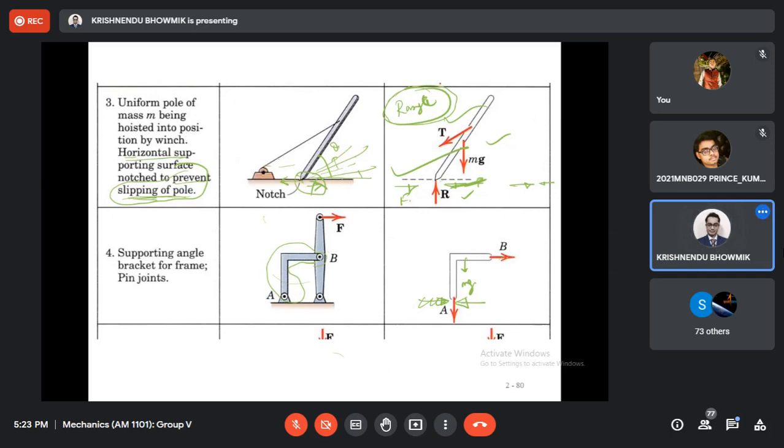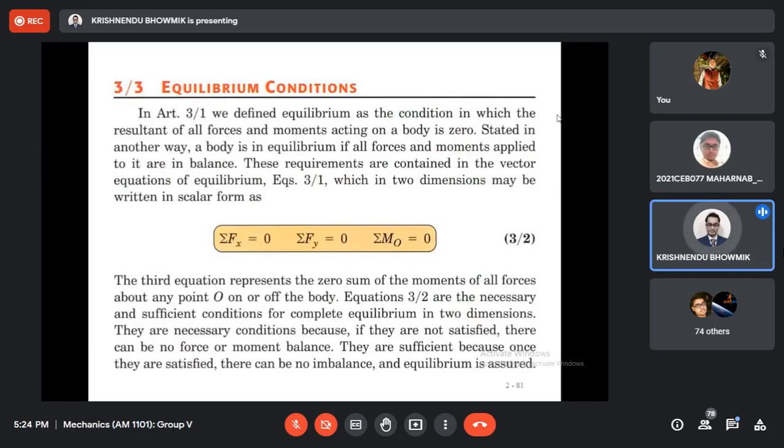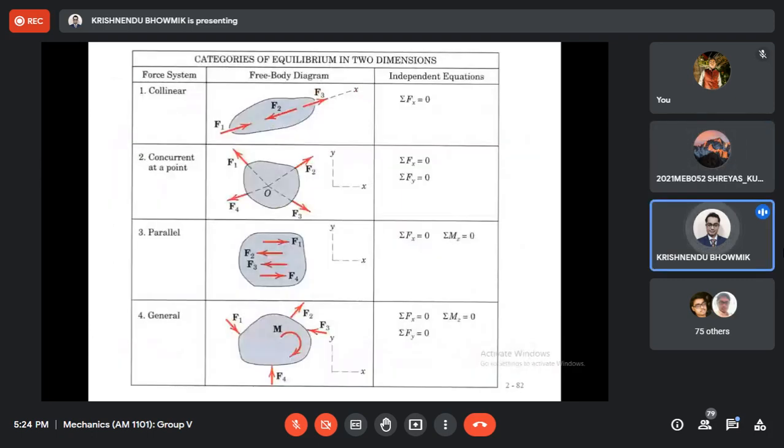Anything else we missed? Here, B. Yes, this one. At point B, sir. Something we missed. Maybe this. Yes, BX, BY. Don't forget to give X, Y. Okay, now equilibrium conditions. We already told this, 0, 0. Now some collinear forces.